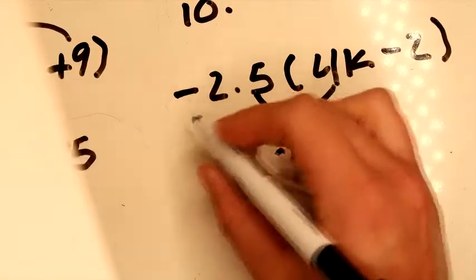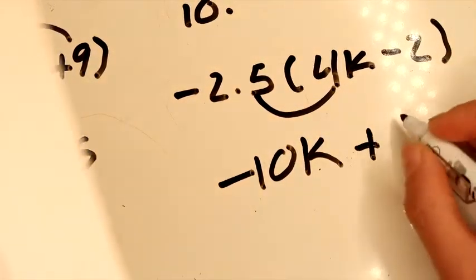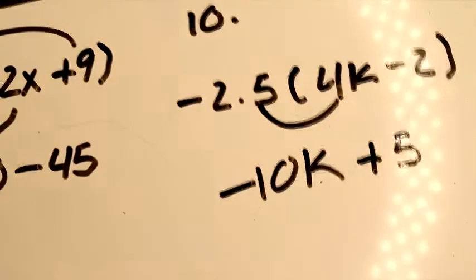And then we have a negative 2.5 times negative 2, which is going to be positive 5. Okay.